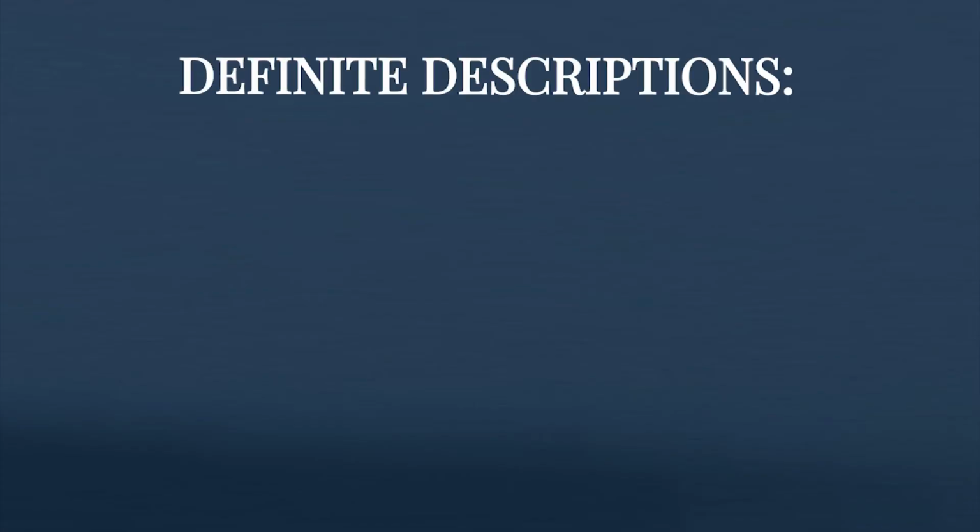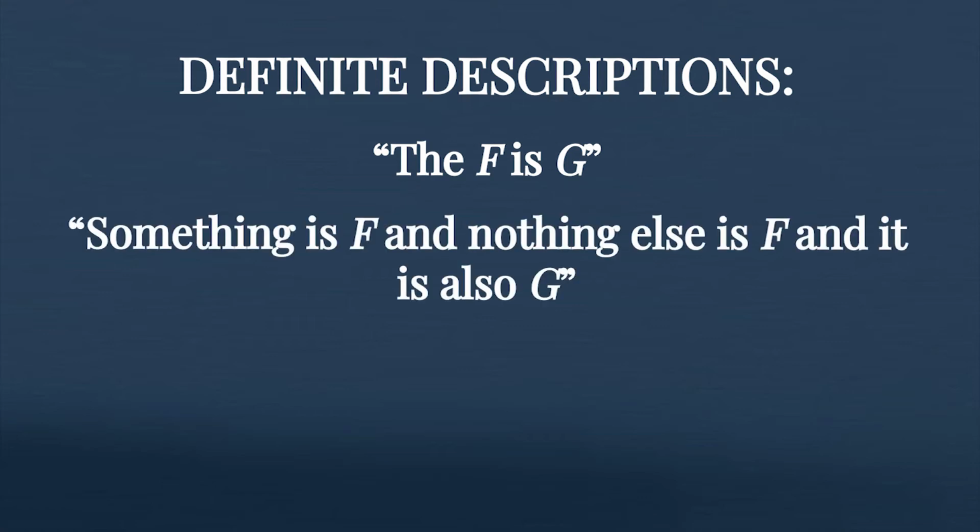For definite descriptions, we can take a simple general case to be of the form "the F is G," which Russell renders as "something is F and nothing else is F and it is also G." The way to say "nothing else is F" in logical notation requires a little trick.